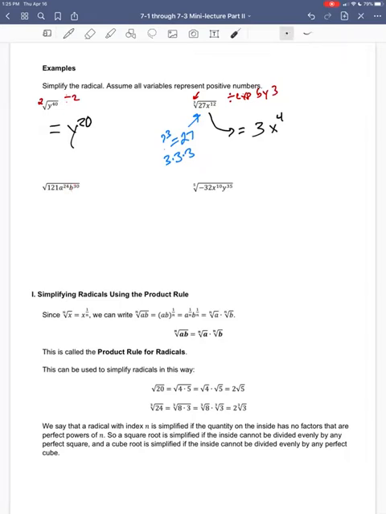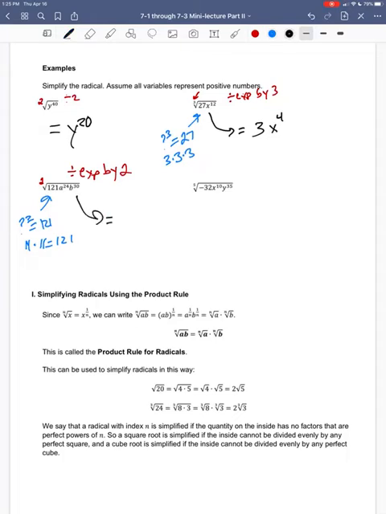In this problem here, there's not an index. If there's not an index, that really means I've got an index of 2. So I'm going to divide any exponents by 2. But for the 121, I have to think what to the 2nd power is 121, and of course 11 times 11 is 121.